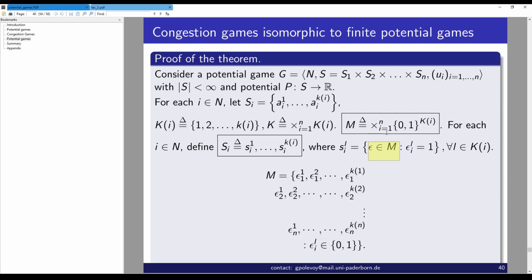So the l-th strategy has all those elements of M, all those facilities, where epsilon_il is 1. And of course, there is no condition on others, and that's okay. So all those facilities are the facilities that as a set are equal to S_i^l.